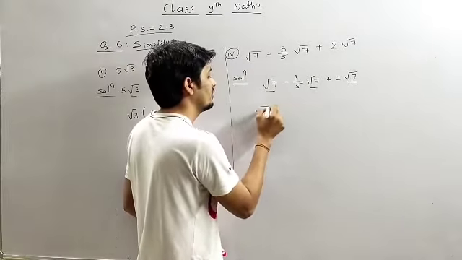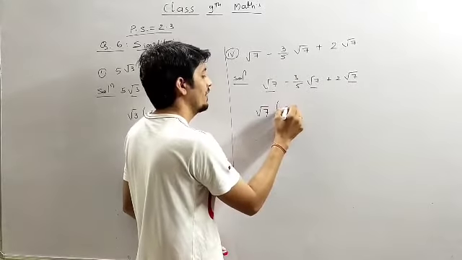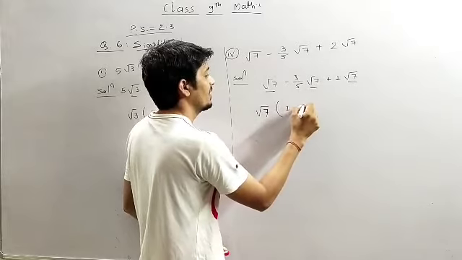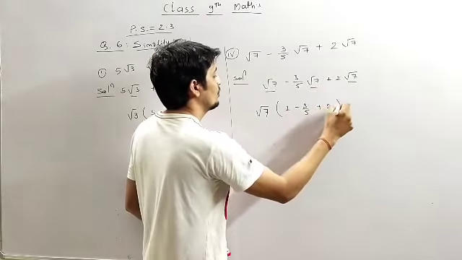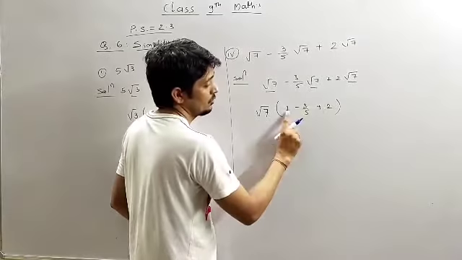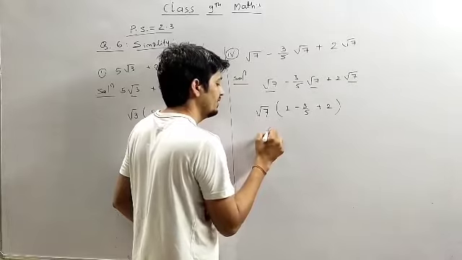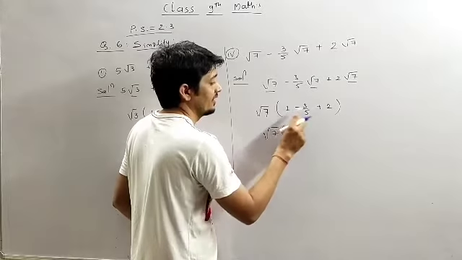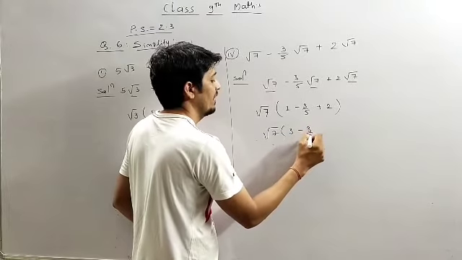What will remain inside? Here we have 1, minus 3 by 5, and plus 2. The 2 and 1 have the same sign, so they will get added. So inside, 2 plus 1 is 3, so 3 minus 3 by 5.